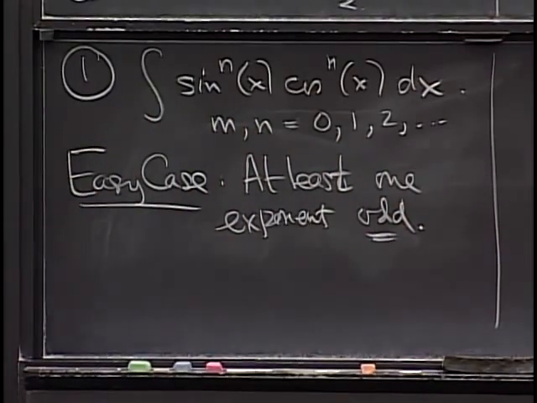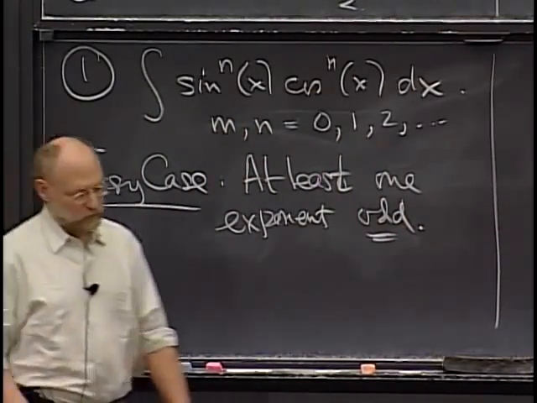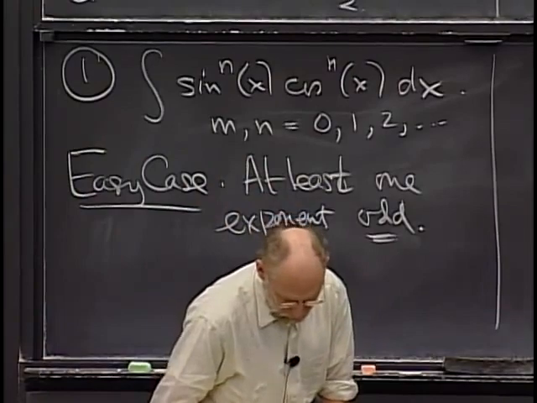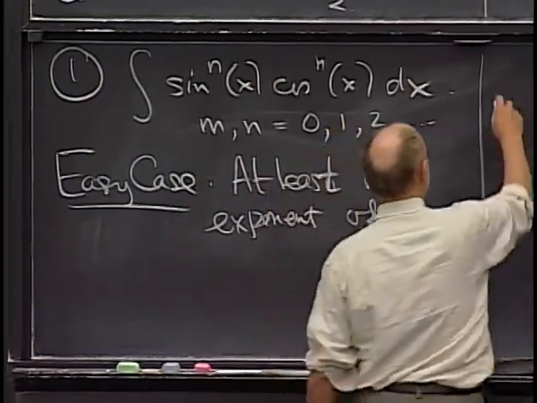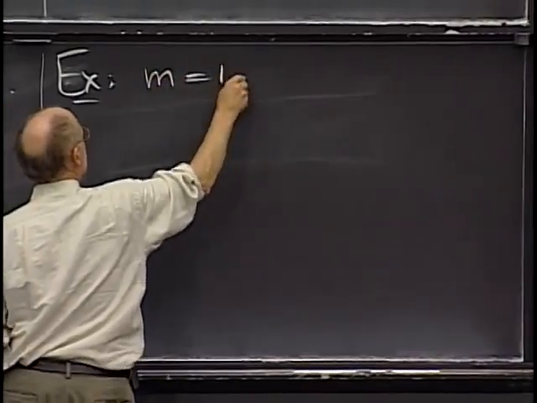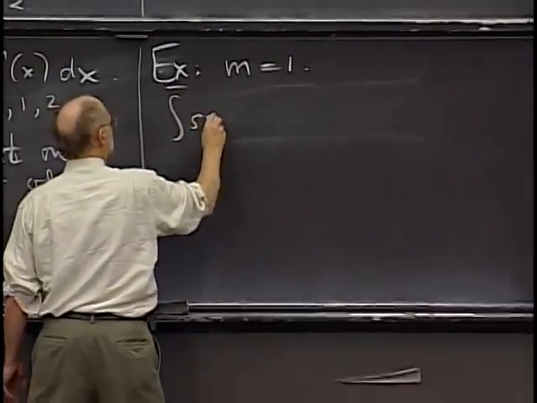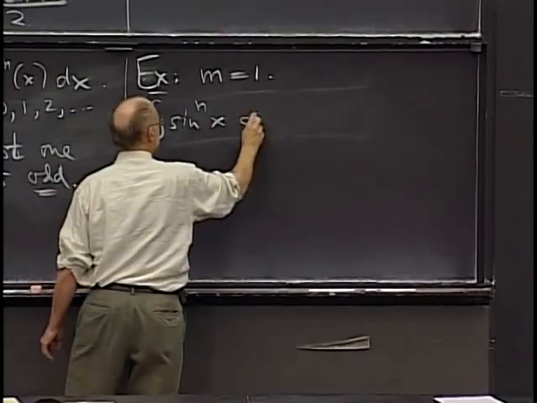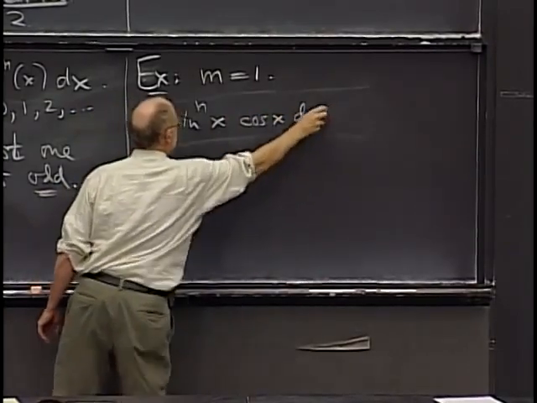That's the easy case. So, for example, suppose that I wanted to integrate, well, let's take the case m equals 1. So I'm integrating sine to the nth power of x times the cosine of x dx.